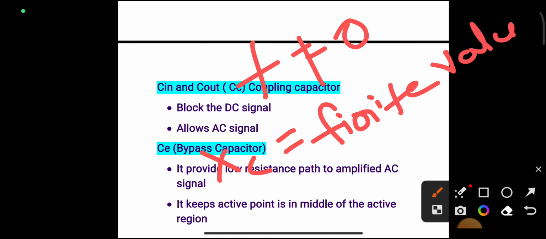So it offers some resistance, but it does not offer infinite resistance. That's why the AC signal can easily flow through the capacitor. Then these C in and C out coupling capacitors work like this.